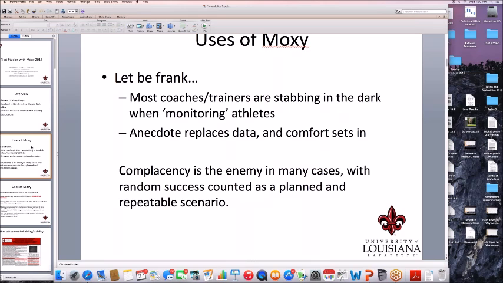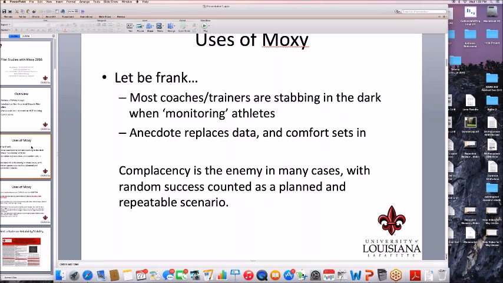They have poured money into the Australian Institute of Sport, hired researchers from all over the world, including harvesting many great sports scientists from the United States, and transplanting them over into Australia, and they've had a wealth of success as a result of that. And so in many cases, complacency is the enemy, and we see coaches attributing random success as part of a planned and repeatable scenario, which we know is just not the case.